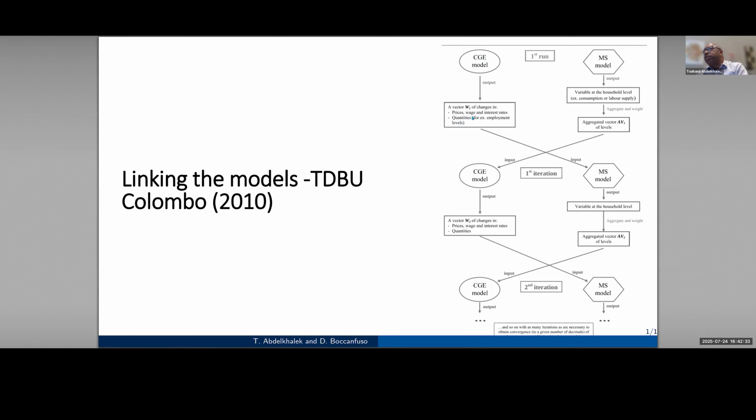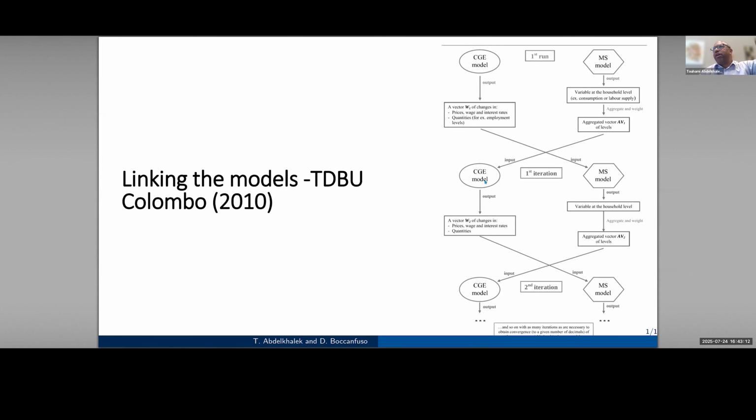Then we look at the situation in the survey, in the microsimulation, in those statistical units. From the microsimulation, the household variables can be changed. But if all households change their behavior, there is an impact on the aggregate level, and the CGE model has to react.